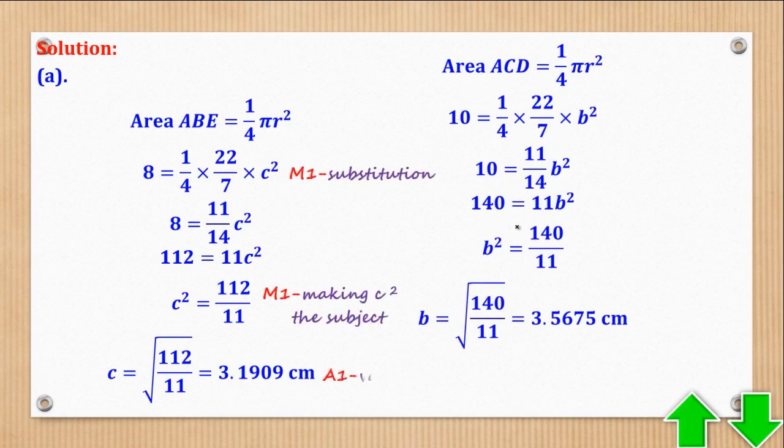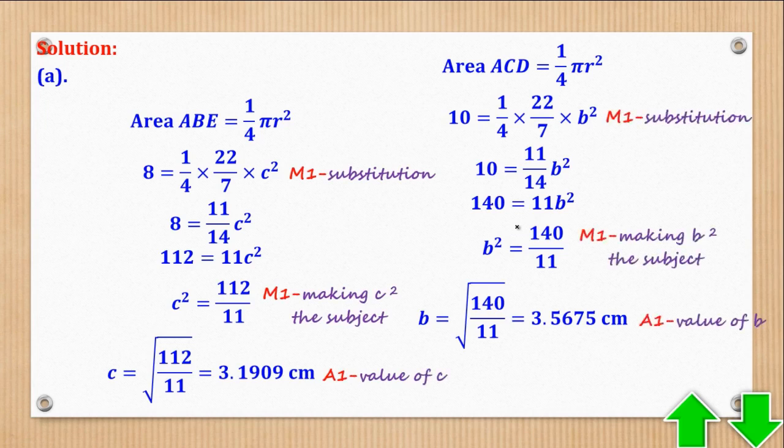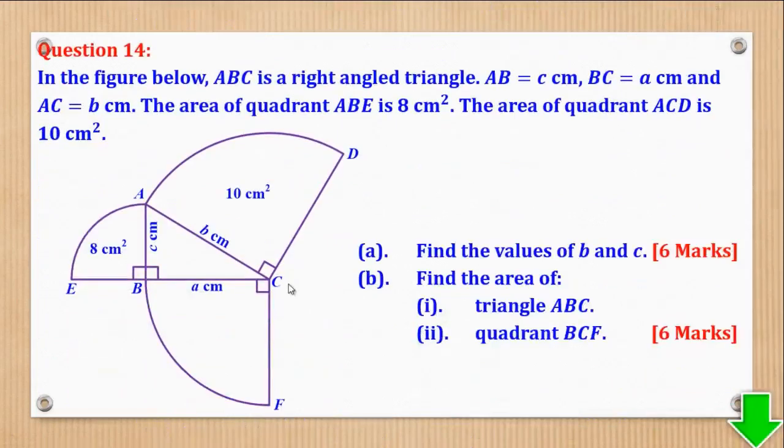So that's what they wanted in part A, value of C and value of B. For part B, they wanted the area of triangle ABC. Then area of quadrant BCF. BCF means you have to get the value of A.